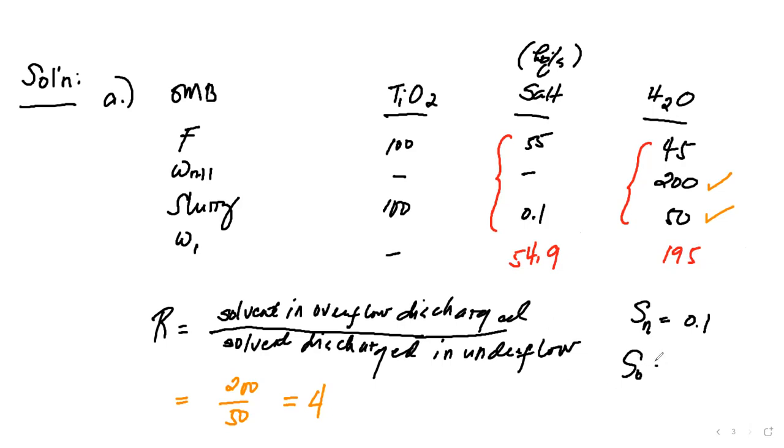So we have 50 kilograms of water removed in each of the thickeners in the underflow. How much salt is present, in the case of the first thickener, will be based on this concentration ratio because this was also the same as that in the underflow. So we will multiply that by 54.9 divided by 195.